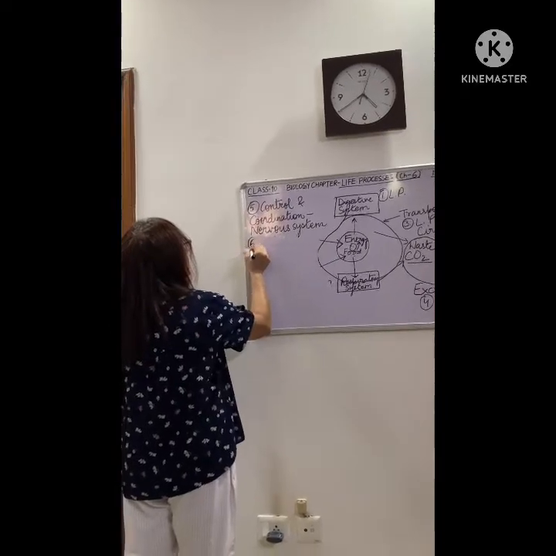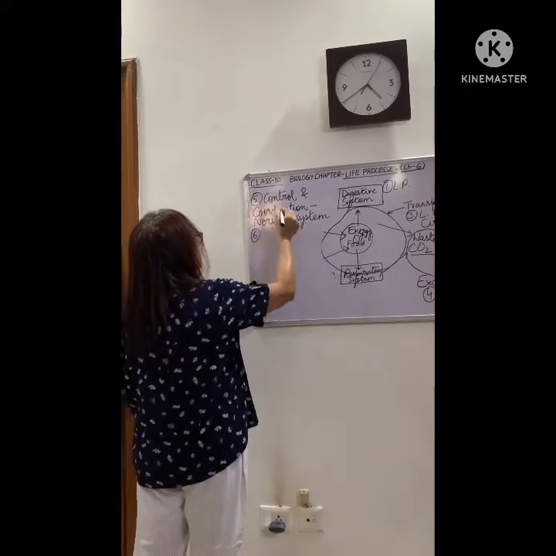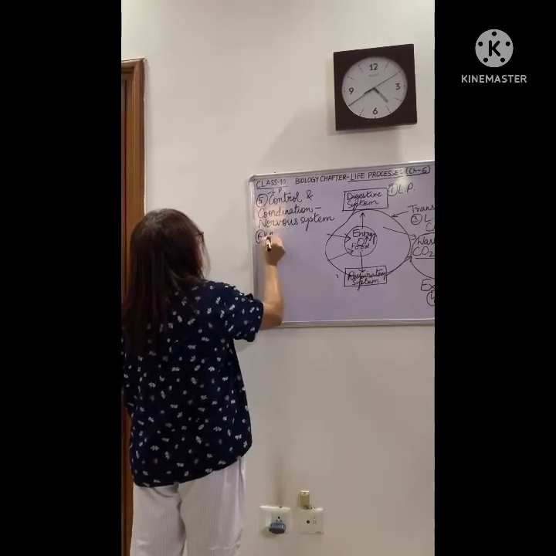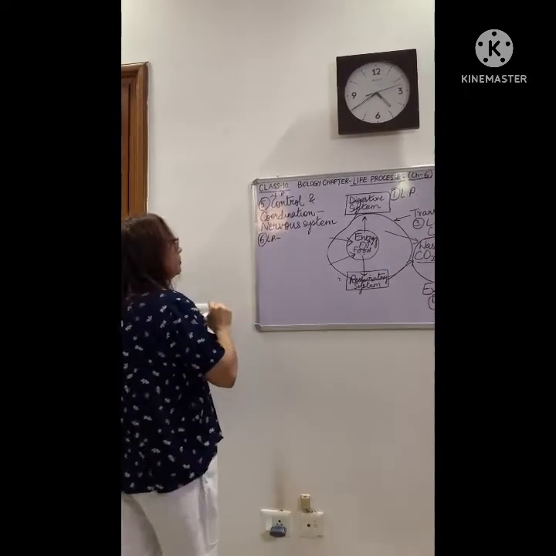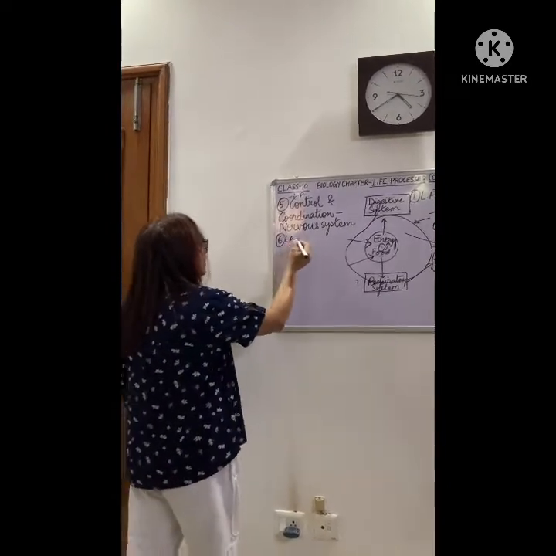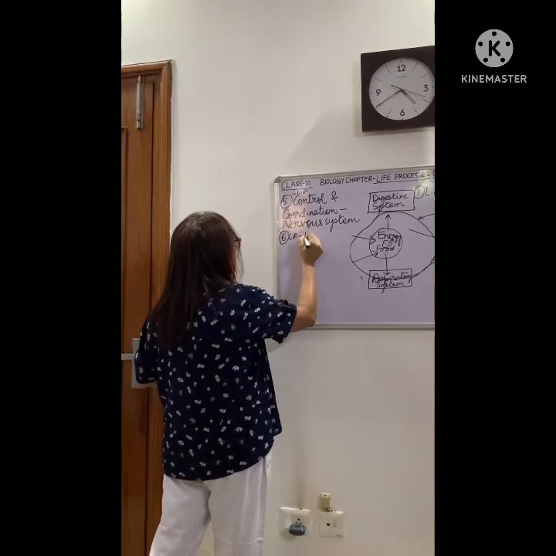So this is the fifth life process. The sixth life process is reproduction.